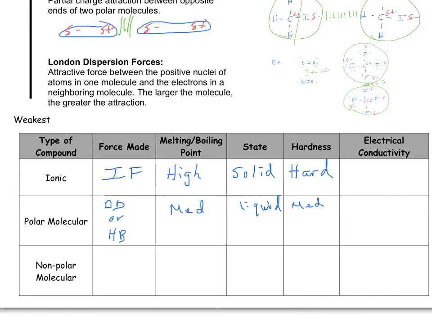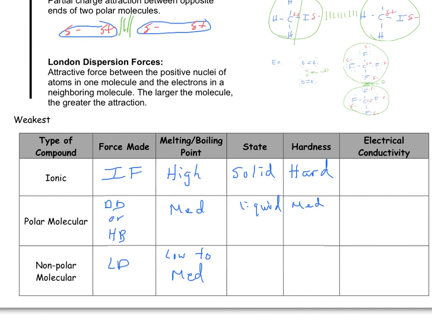Nonpolar molecular compounds have no charges or equally distributed charges. That means they can only have London dispersion forces attracting them together. Because London dispersion forces depend on the size of the molecule, the melting point and the boiling point are different depending on the size. Really small nonpolar compounds have really low melting points, but very large nonpolar compounds can have medium melting points.